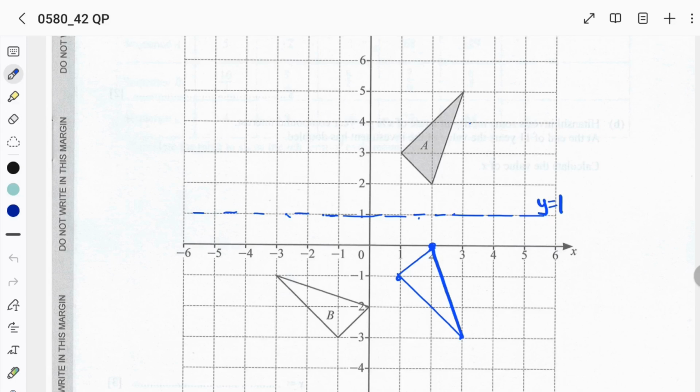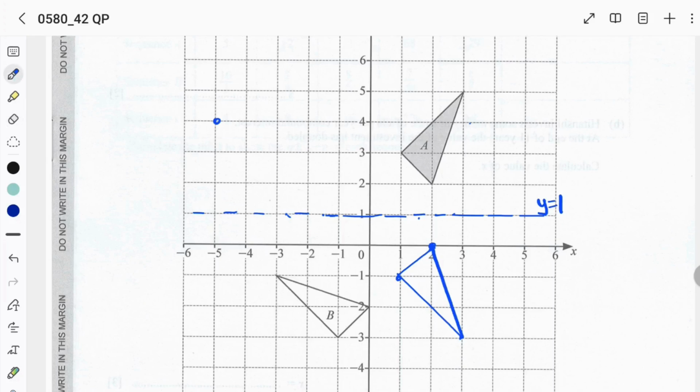The first one in A is this much. So we are moving 1 2 3 4 5 6, and then one more up, that is minus 6 1. Like this we'll do for every coordinate of this triangle.